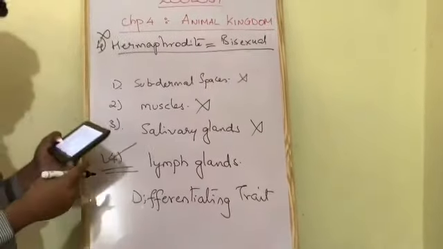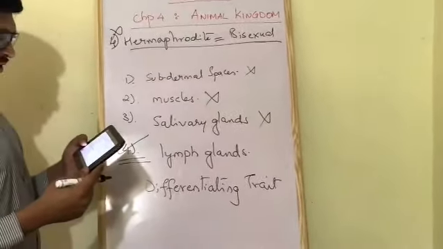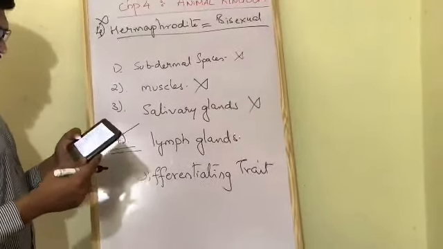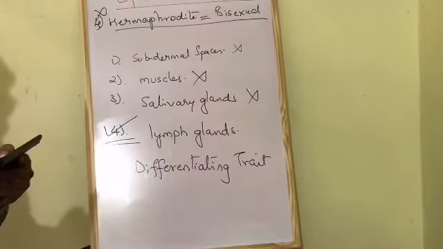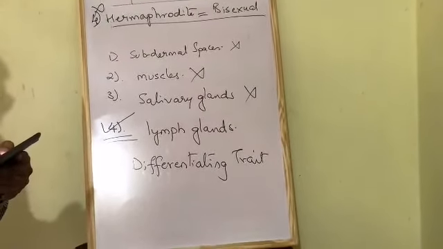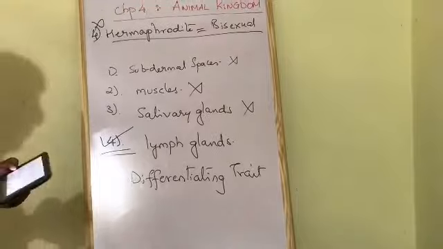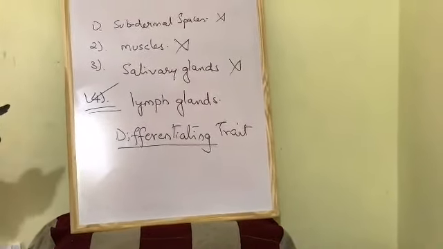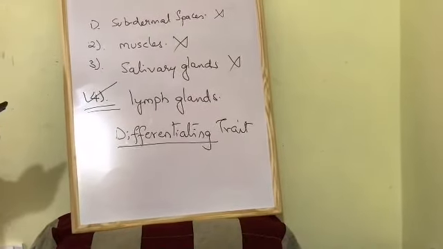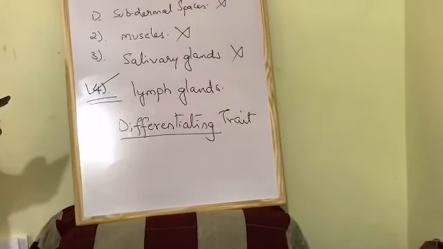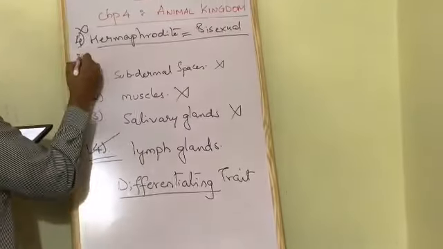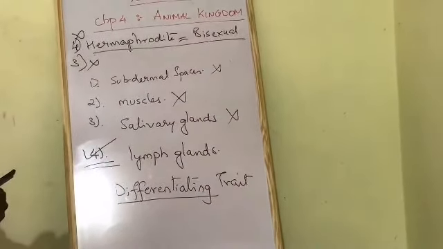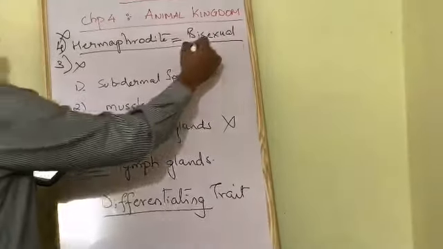Next comes option number 3. Option number 3 says pseudocoelom and metameric segmentation. Now by pseudocoelom, you already know that coelom is the central cavity present in the organisms, and to differentiate you need to observe the character. Coelom we cannot see. Metameric segmentation, yes, we can see, but pseudocoelom we cannot see. So option number 3 is also ruled out. Next is option number 2, which is unisexual.